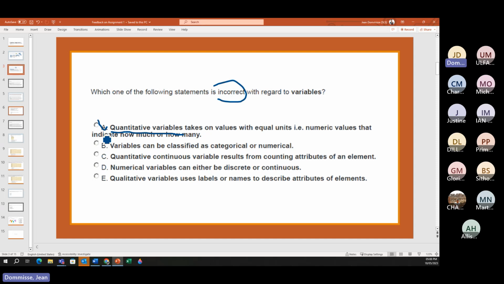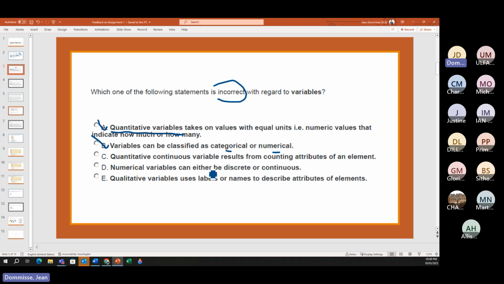What would you say on that one? Okay, classified categorical, numeric. That is also correct. So the categorical can also be qualitative. Numeric is quantitative, so it's definitely also correct.